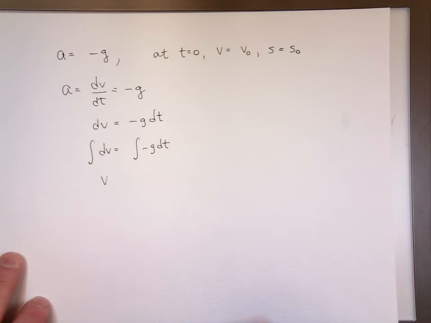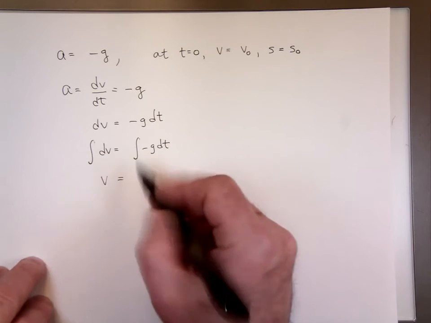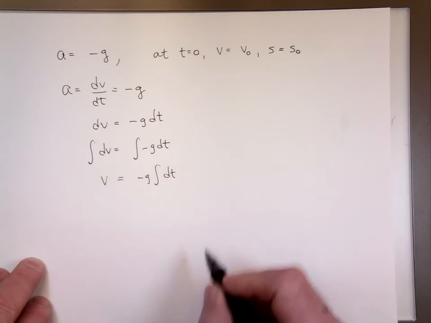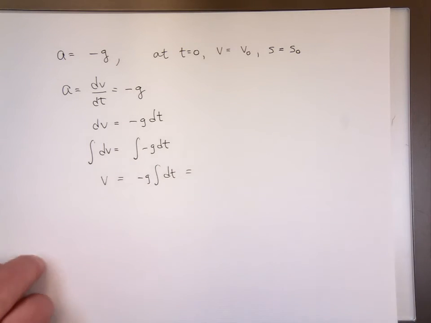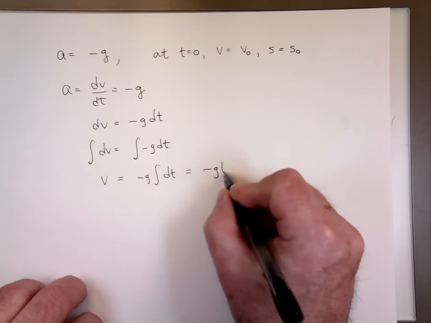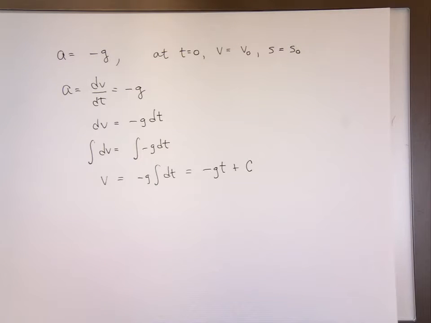Now, g is a constant, okay? We can take that out front. What's the integral of dt? T. We can solve for this constant of integration by using one of our initial conditions.